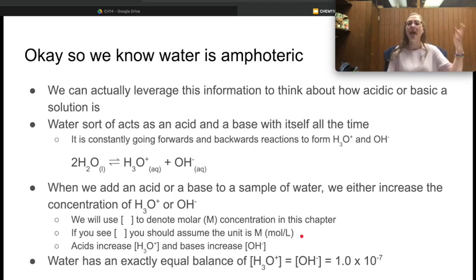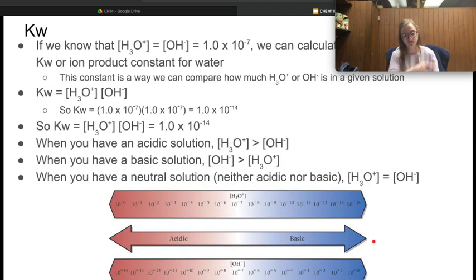So I might say the concentration of H3O+ is equal to the concentration of OH-, which is 1.0 times 10 to the minus 7 molar. We figured this out through experimentation, and we know that those molarities are equal.